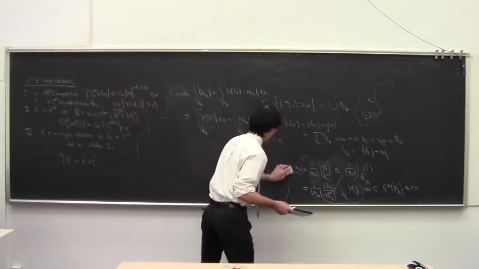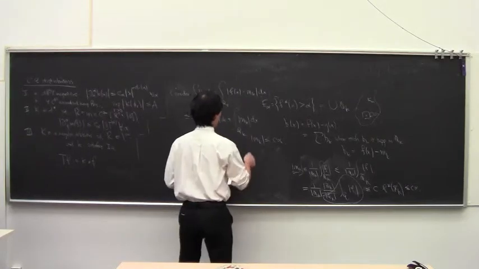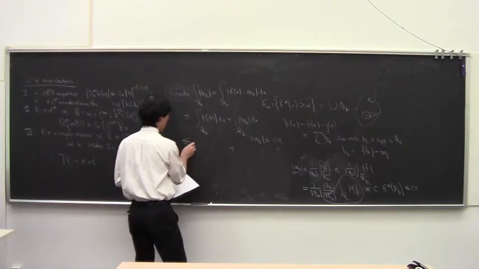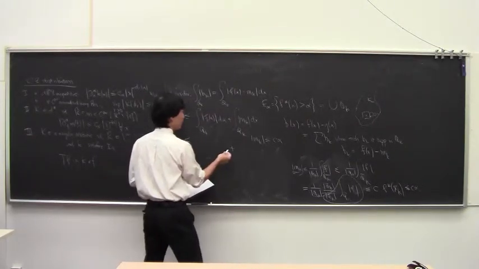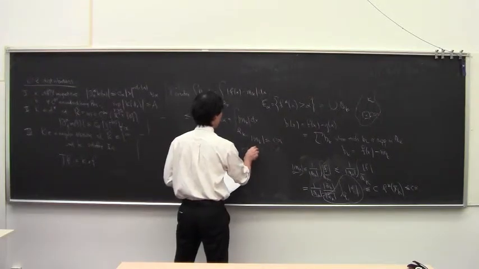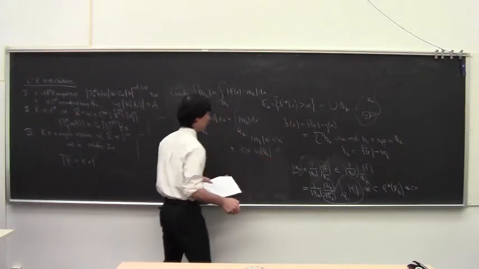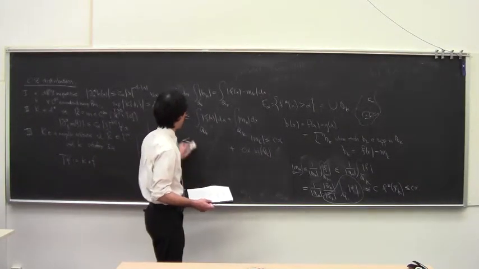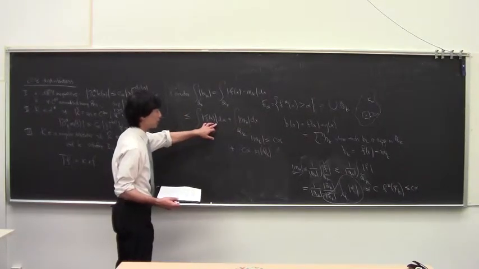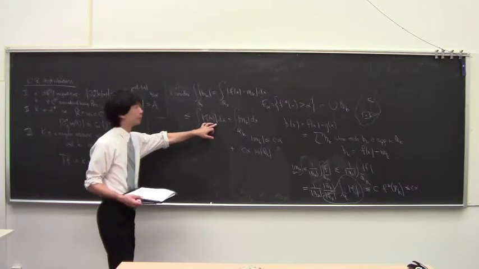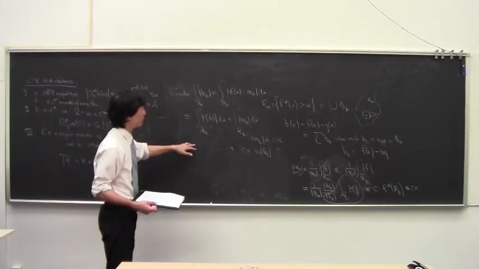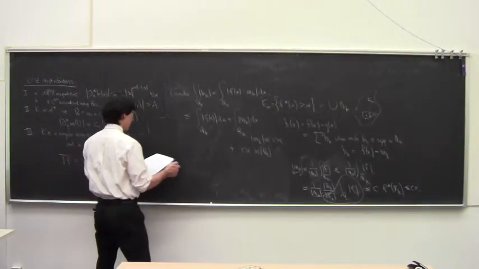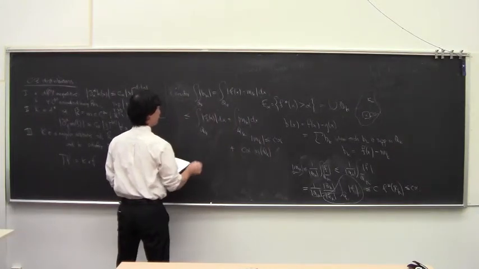So that gives us that this thing here is controlled by C alpha times the measure of Q, of course. What we have left to do is show that this thing is controlled by C alpha times the measure of Q, because then we divide both sides by the measure of Q and get that the average of this thing is controlled by C alpha. We do this in exactly the same way.